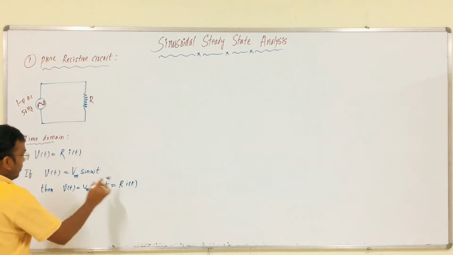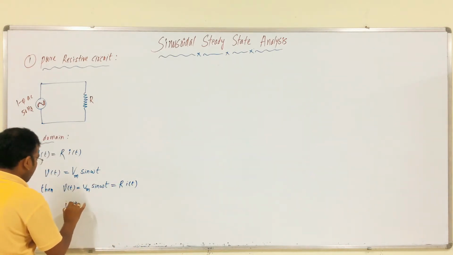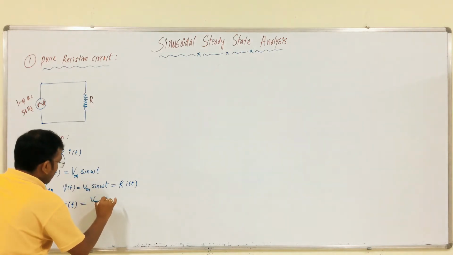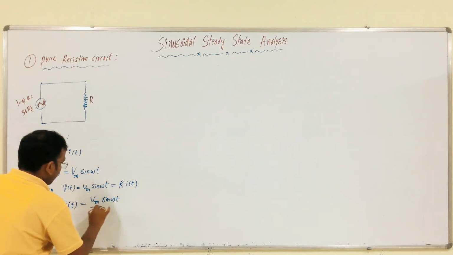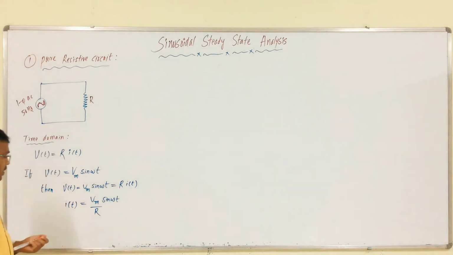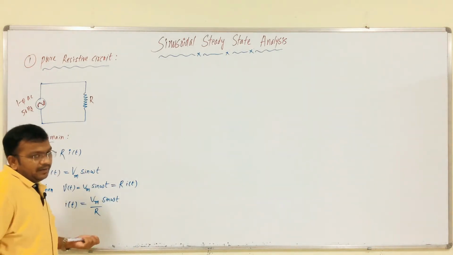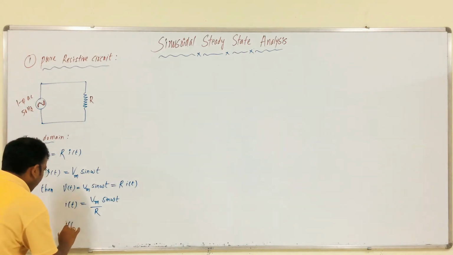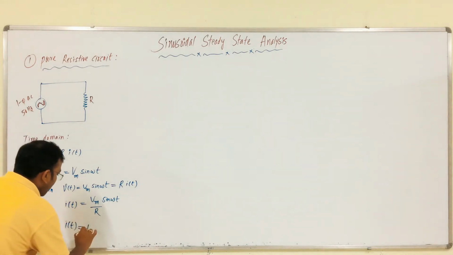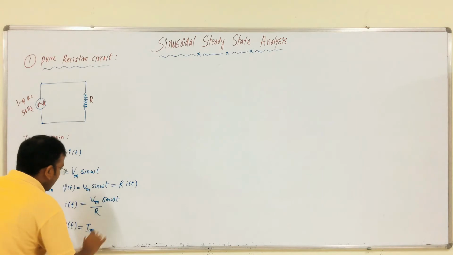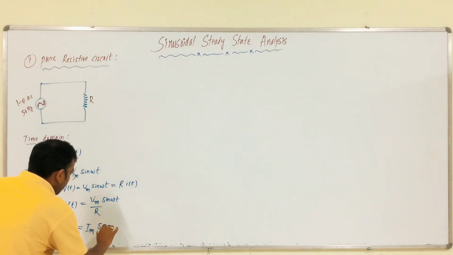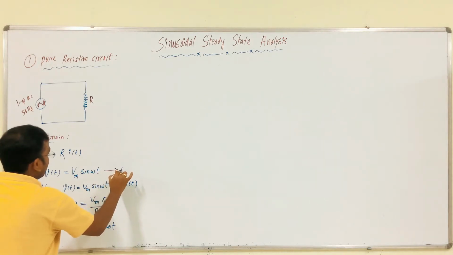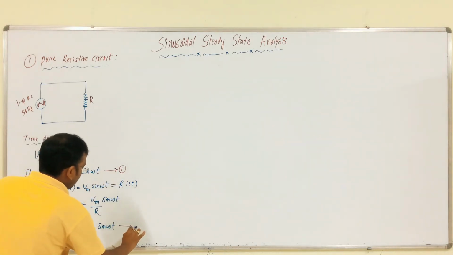From this, the instantaneous value of current is Vm sin omega t by R. This is the value of current we got, I of t equals Vm by R, which is Im, times sin omega t. So, this is 1, this is 2.